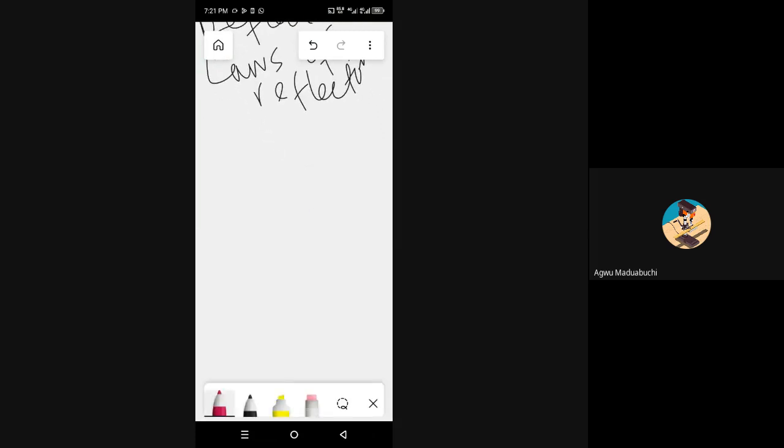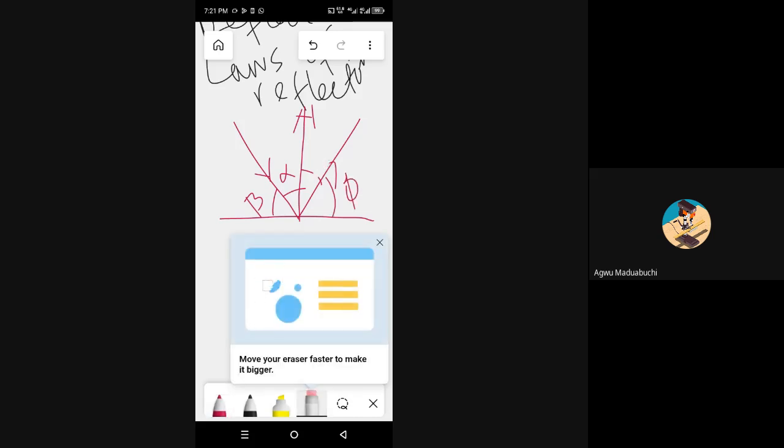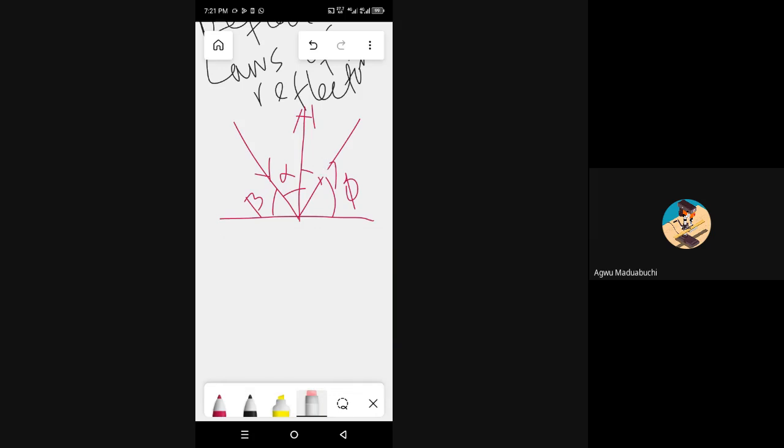All right, so if this is the incident wave, this is the reflected wave, this is the normal. This is alpha, this is beta, this is gamma, and this is phi. Which of the four angles is the angle of incidence? Alpha.